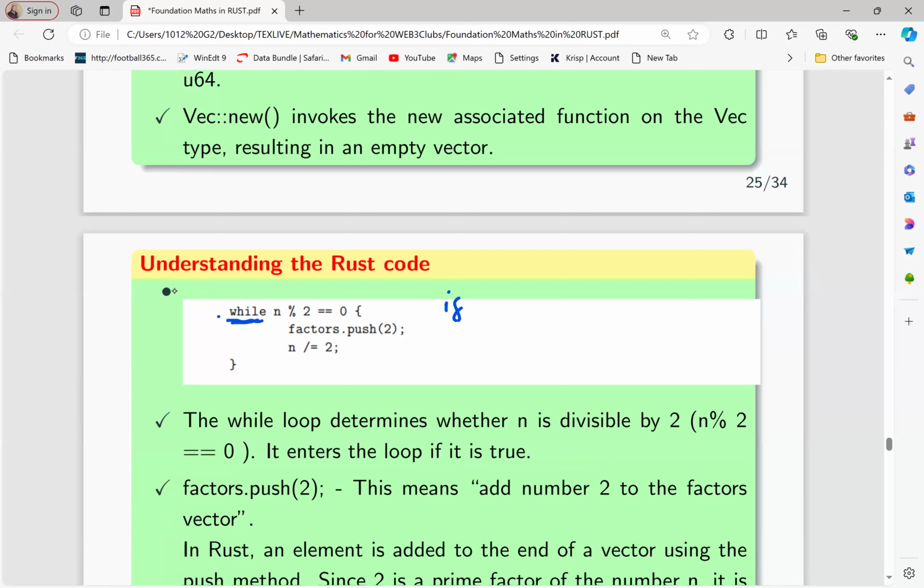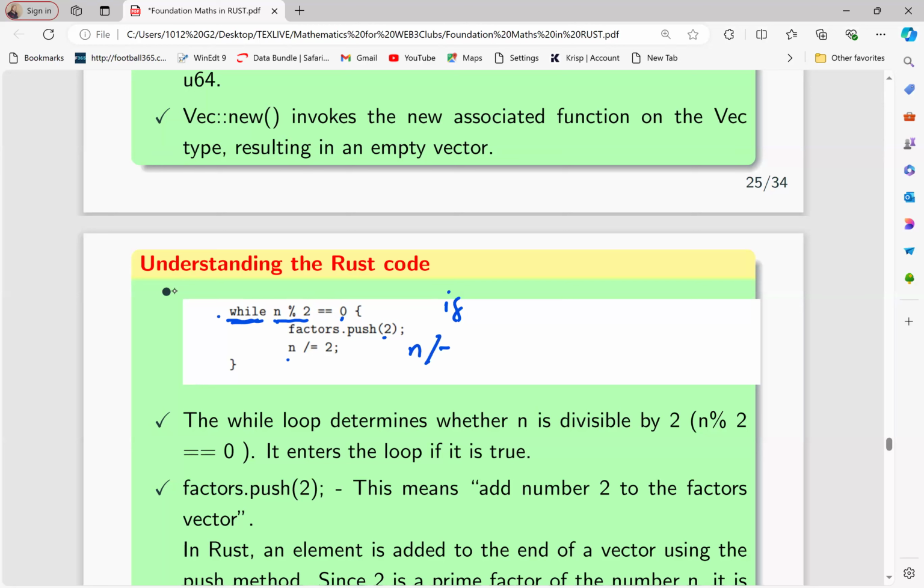You check if that number is divisible by 2. If 2 can divide that number and you get a remainder of 0, if that happens, then you push 2 to be a factor. Then the new n becomes the old n divided by 2.